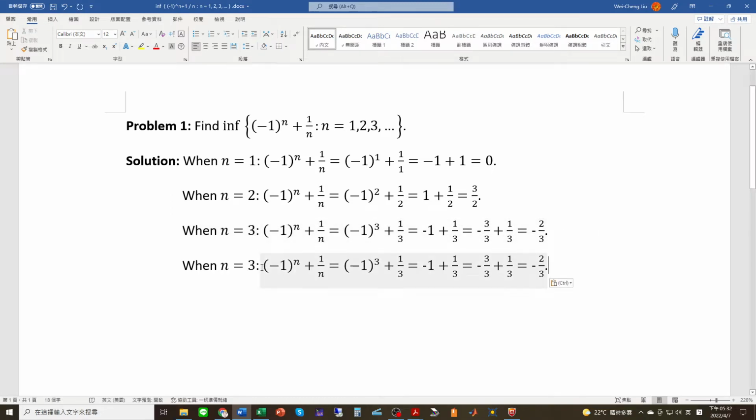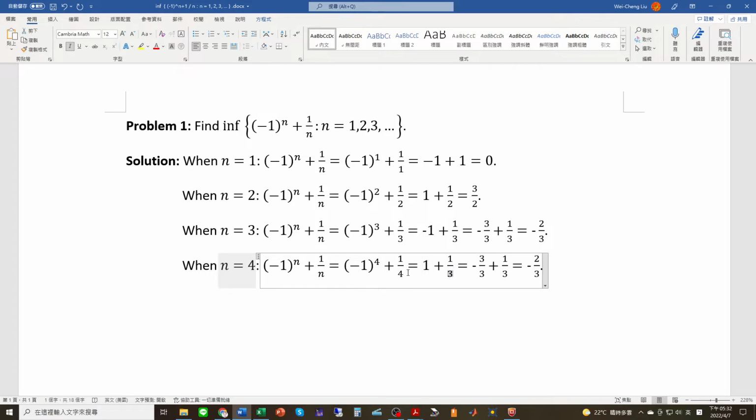Next, when n is equal to 4, (-1) to the power of n plus 1 over n is equal to (-1) to the power of 4 plus 1 over 4, which is equal to 1 plus 1 over 4, which is equal to 5 over 4.